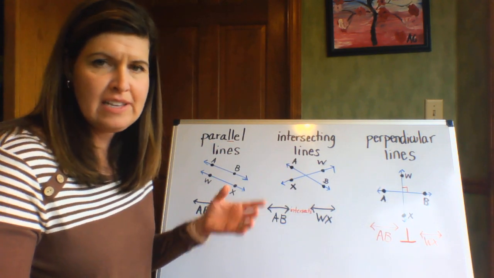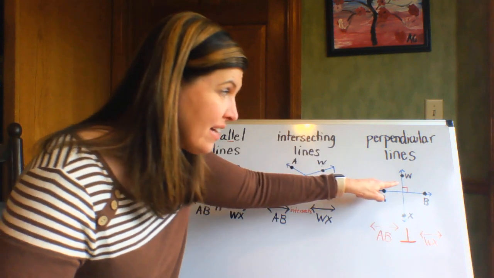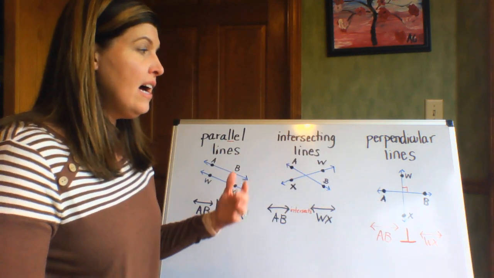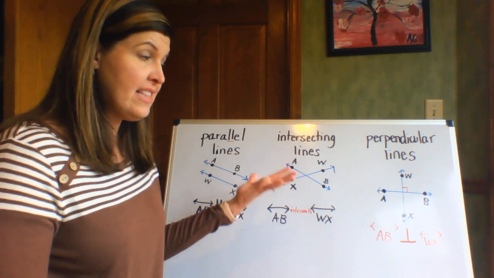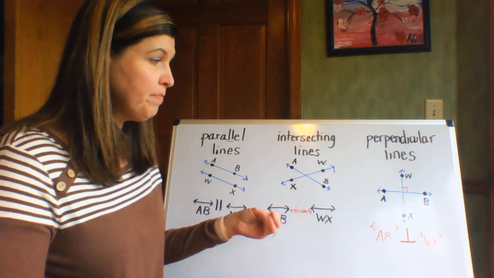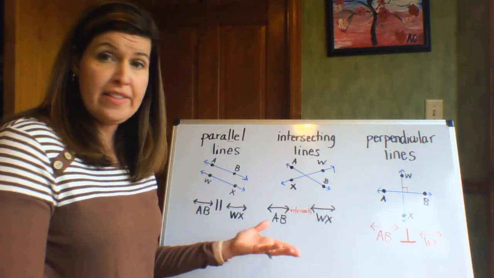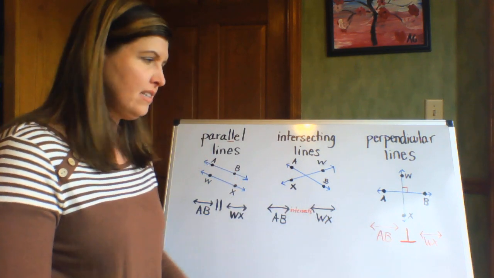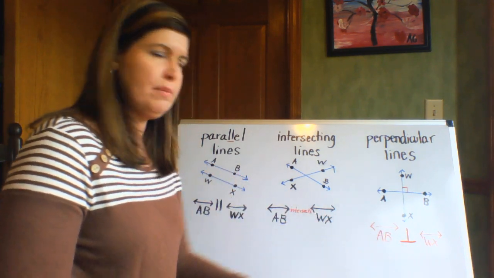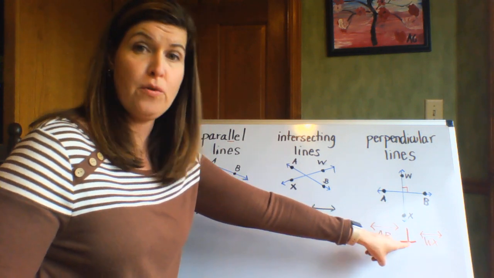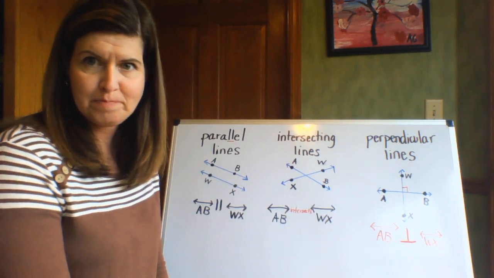Usually every place you see this, it's going to be a little box that looks like that, which forms a 90-degree angle. And so if you see that, you are going to know that those lines are perpendicular to each other. How you write that is you identify line AB, and then you also have line WX. And the perpendicular symbol is actually two lines that come together, that are perpendicular and form a 90-degree angle.